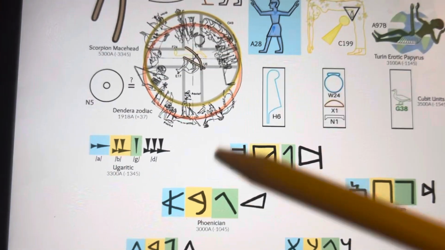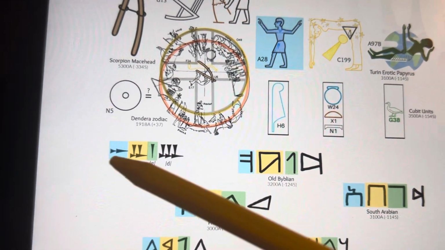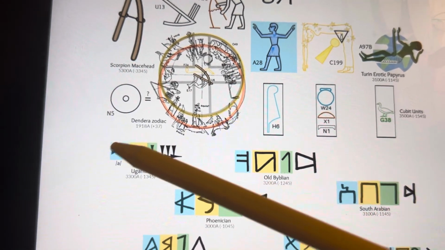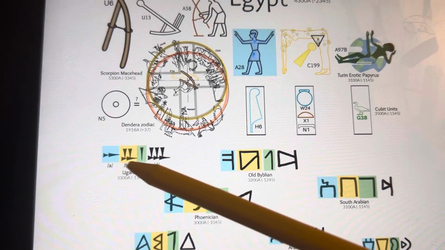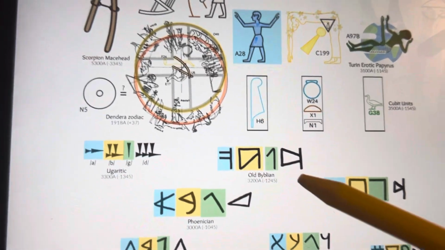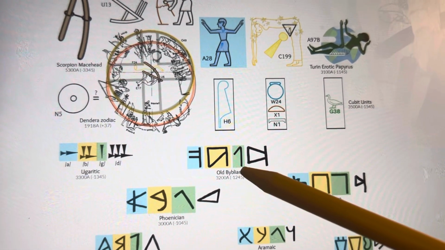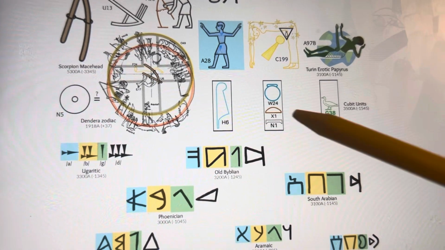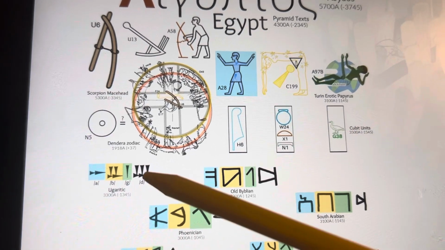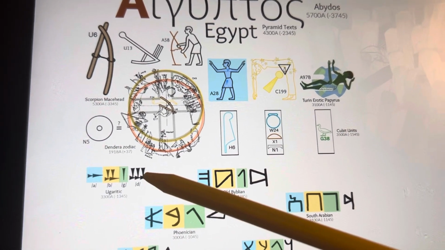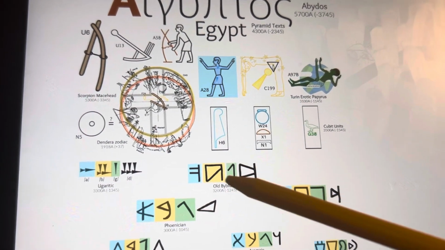So here we see that in cuneiform, seemingly Ugaritic alphabet, A, B, G, and D were started to be written phonetically as A, Ba, Ga, Di, Da, like baby noises, in cuneiform before the Old Byblian script was written as the plow, B, man with erection, and the delta in Old Byblian, and then South Arabian as this and Phoenician as this. So it's possible that cuneiform was not intermediate between hieroglyphs, but a water testing stage before letter-based hieroglyphs began to form.